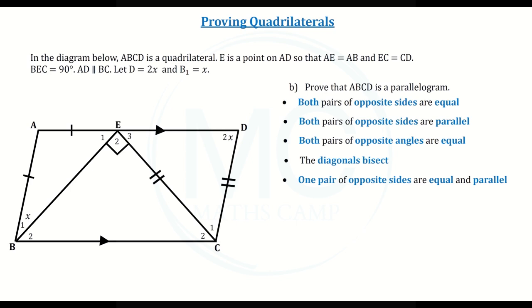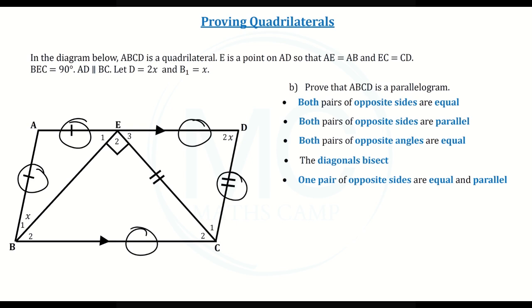We know that AB is the same length as AE, but we don't have enough information to prove that AB is the same length as CD. We also don't know the length of DE or BC, so we cannot use sides to prove a parallelogram.